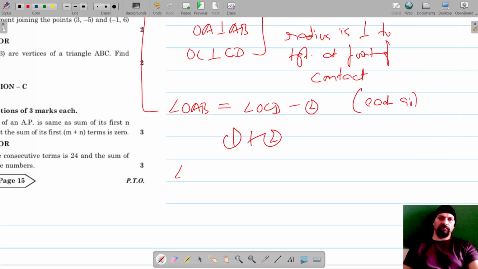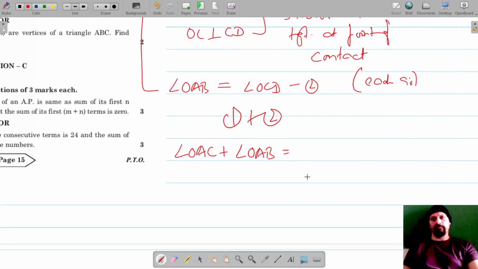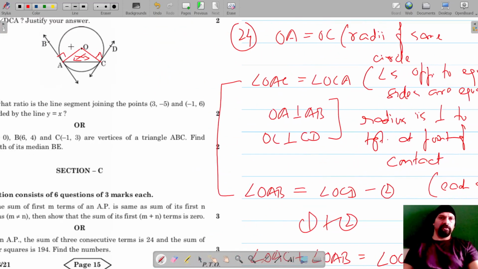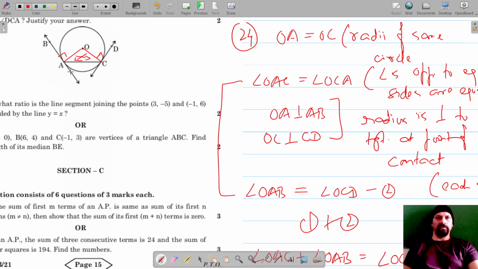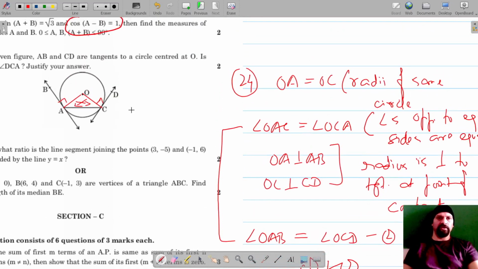So this gives me angle OAC plus angle OAB is equal to angle OCA plus angle OCD. Now angle OAC plus angle OAB gives me angle BAC, and if I add OCA and OCD, this gives me angle DCA.